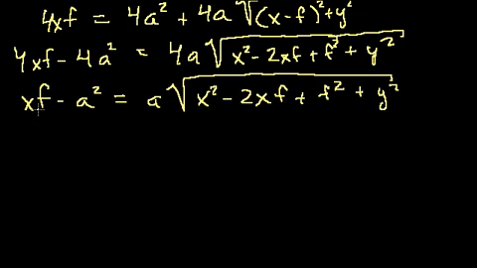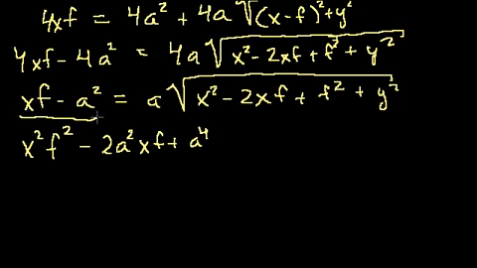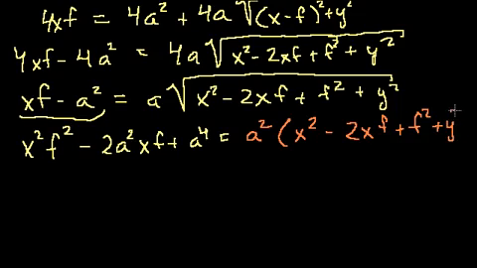And now we could square both sides of this equation right here. And then if you square both sides, this side becomes x squared f squared minus 2a squared xf plus a to the fourth. That's this side squared. And that's equal to, if you square the right-hand side, a squared times the square of the square root, which is just that expression, x squared minus 2xf plus f squared plus y squared.